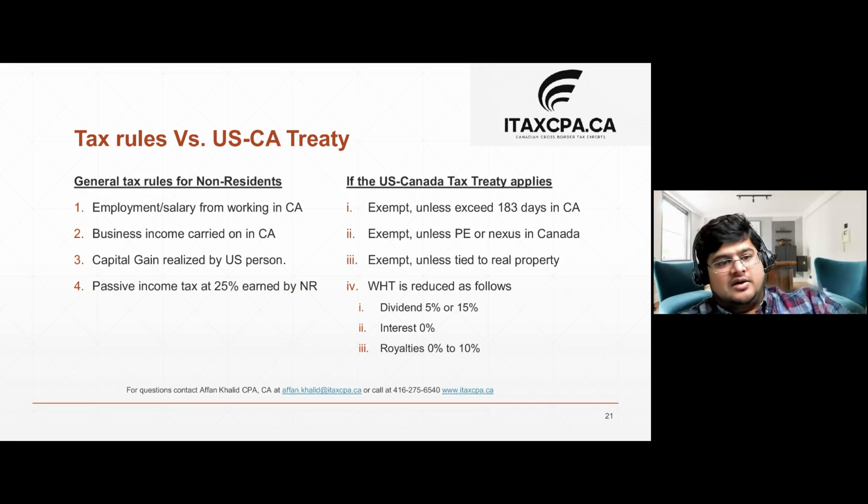Capital gains are fully exempt under the treaty unless the gains are tied to real property, and withholding taxes are significantly reduced from 25%, which is the domestic rate, to 5 or 15% on dividends, 0% on interest, and 0 to 10% on royalties.